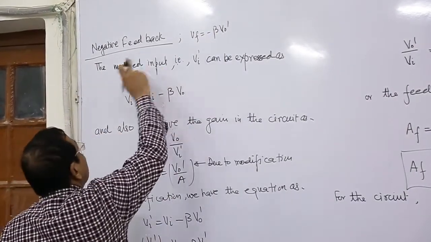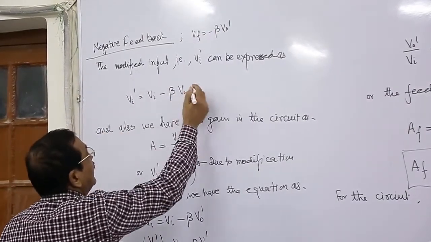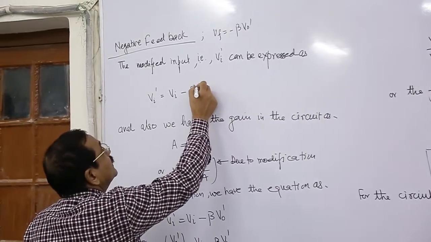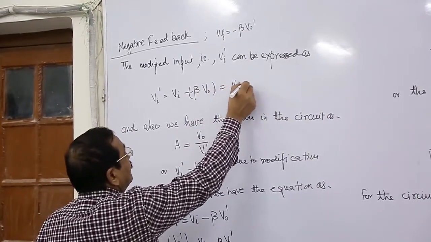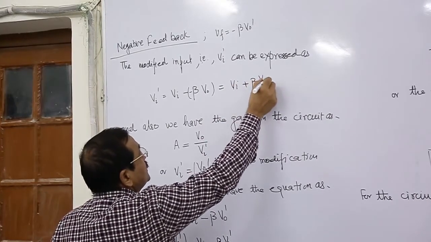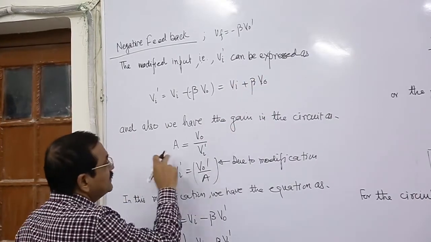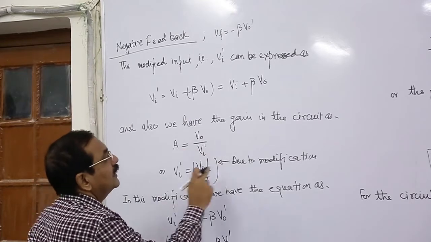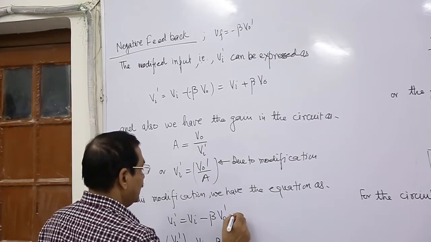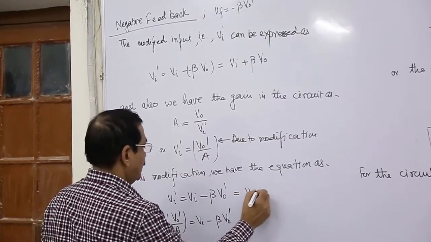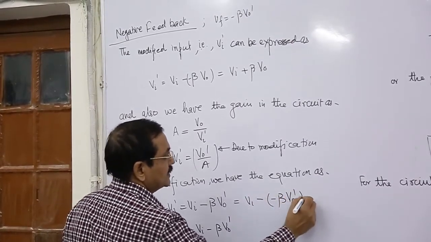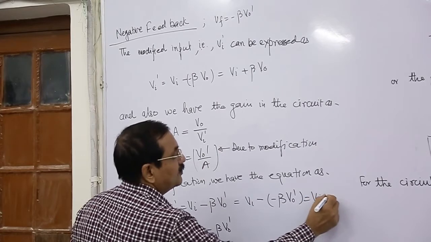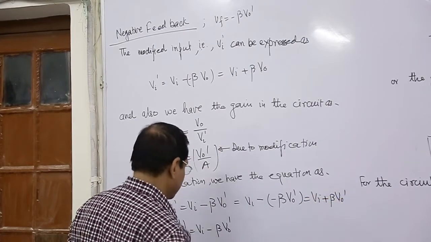So the modified input is Vi minus beta V0 dash, that is Vi plus beta V0 dash.